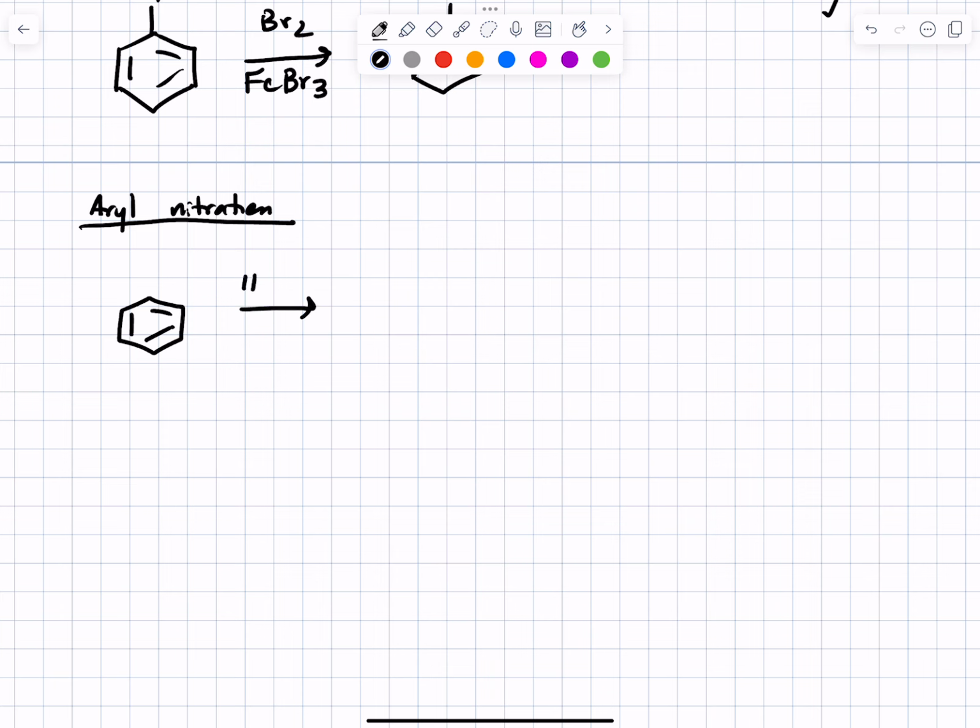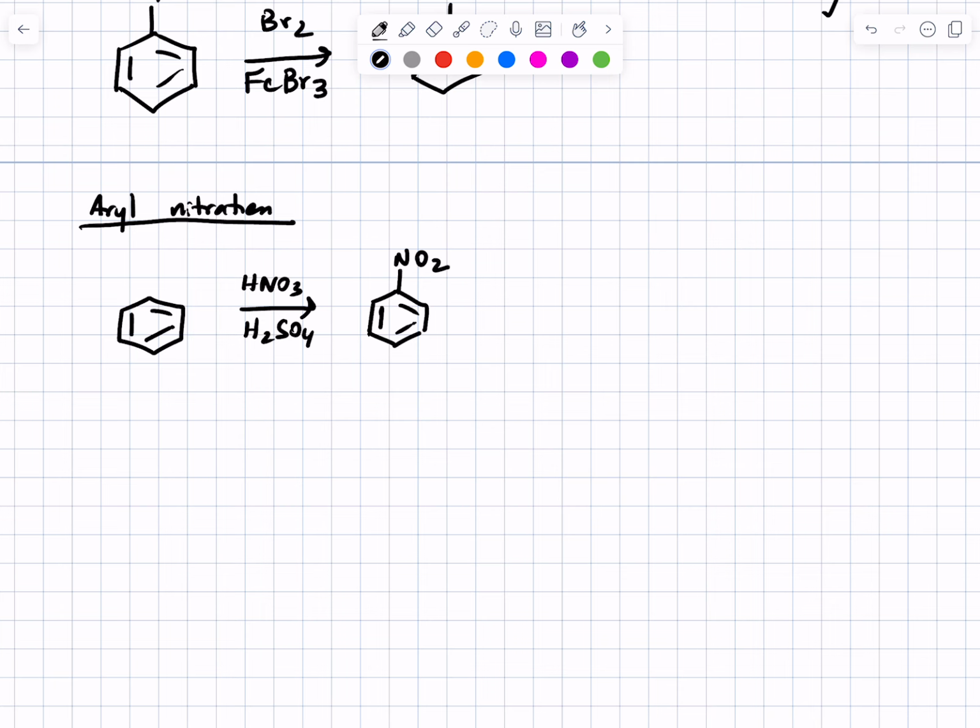You'll use nitric acid and sulfuric acid. If you've ever dealt with nitric acid and sulfuric acid, these are not friendly neighborhood conditions. You've got to do that in a fume hood. You got to be careful not to get any on you. But when you're done, you have a nitro group on the ring.